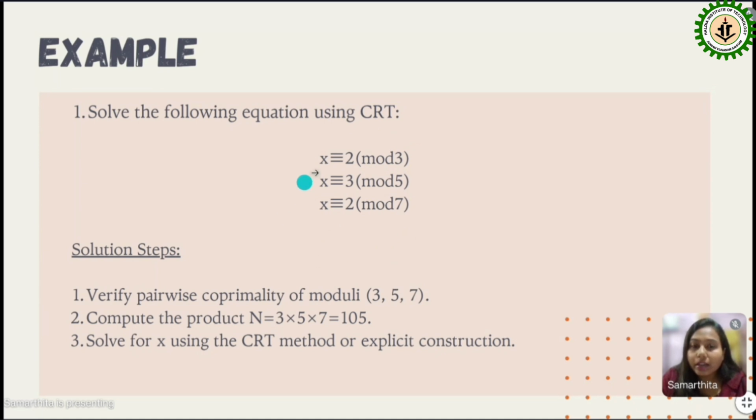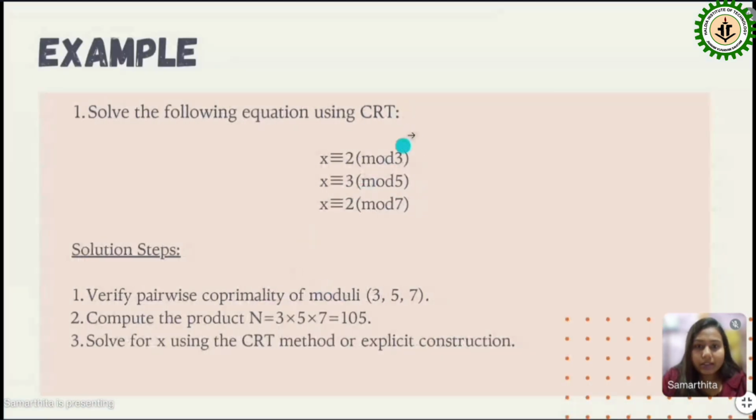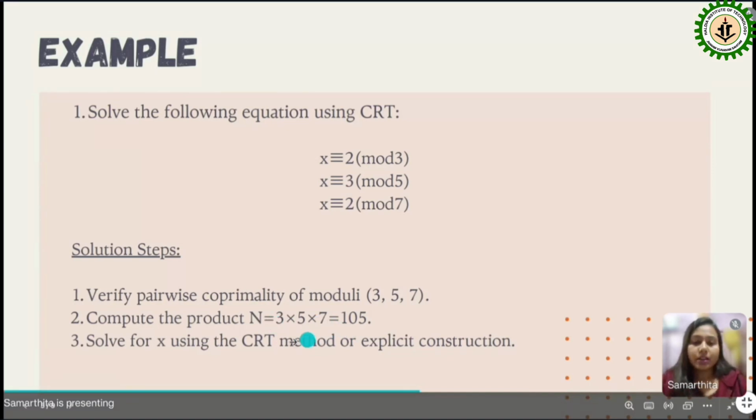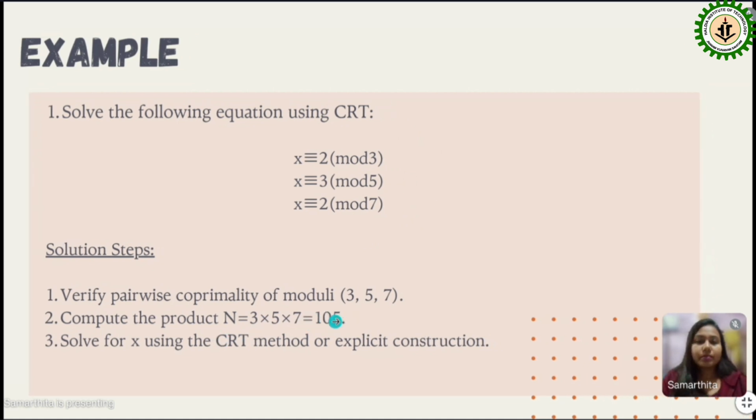If we compare with the standard equation, mod n1, mod n2, up to mod nk, these are the n1, n2, n3 values, and capital N equals the product of n1, n2 and n3. Here there are three congruences, so that's why n1, n2, n3. If there are more than 3, then the formula will change accordingly. Next we will be solving for the value of x.